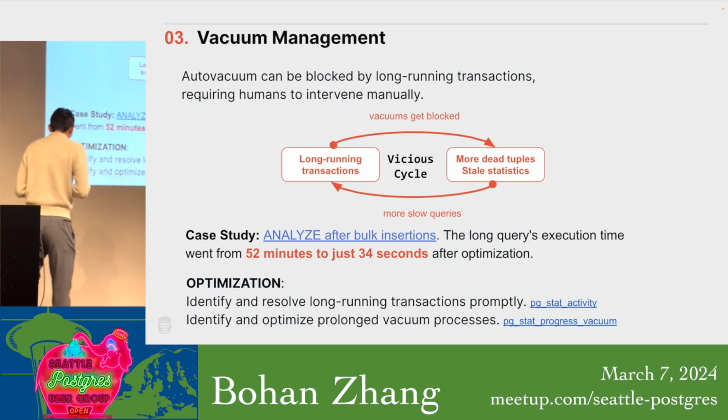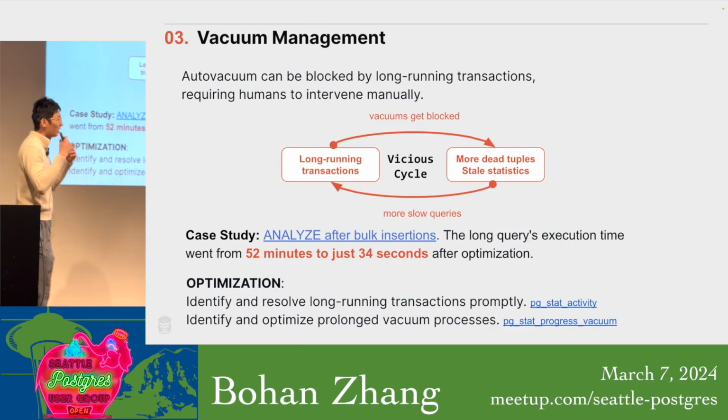Another thing is that autovacuum can be blocked for several reasons. One main reason is long-running transactions. Those long-running transactions will block the autovacuum process from cleaning up the dead tuples.